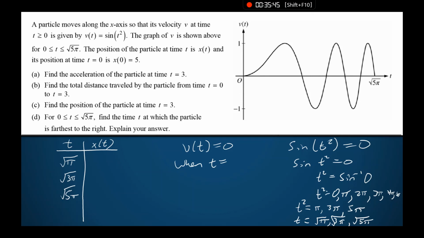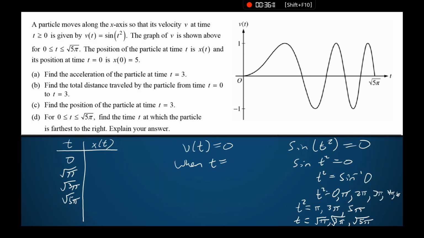I should also test the bounds of our interval, since we've got a start point and an end point. So 0, root pi, root 3 pi, root 5 pi. Oh, never mind, we're integrating from 0 to root 5 pi, so that's actually the end bound.